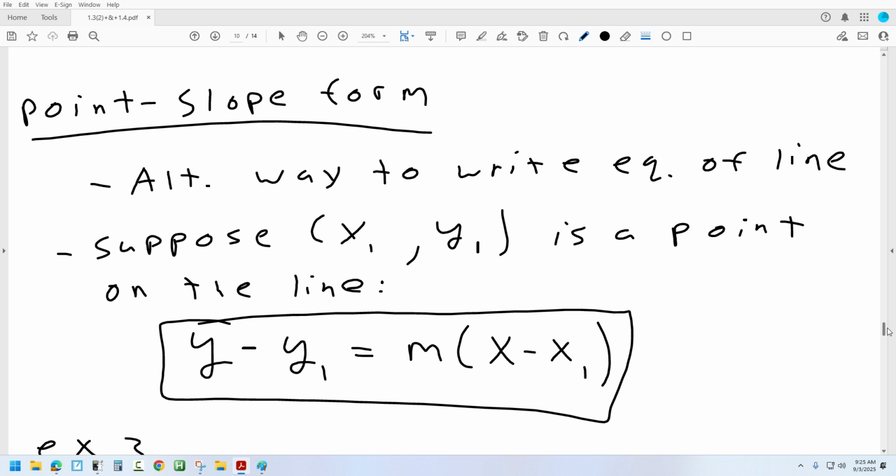What variable is not in this equation that we saw in the other equation for a line? There's no b. You do not need the y-intercept when you're writing an equation in this format. You need the slope and you need a point.